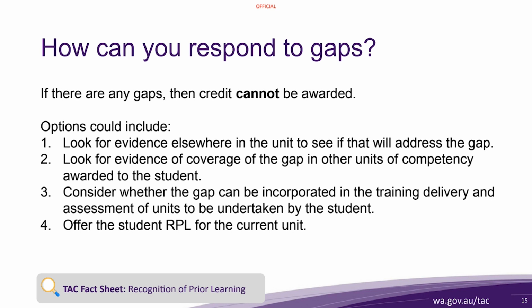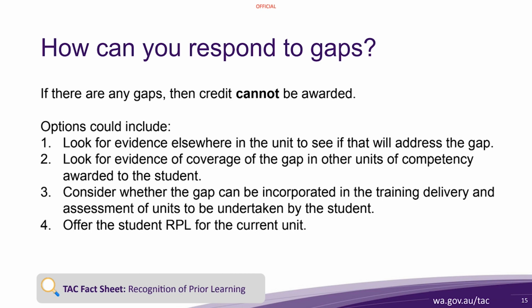Or, of course, you can offer RPL to the student for the current unit, which is to say, well, these gaps are going to be significant. They're not things that we can find elsewhere in your training. So what we can do is offer you recognition of prior learning for the current unit.